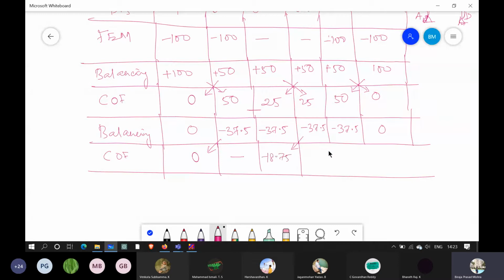This will be minus 18.75. Again, this one will be 0. And what about this one? This one is 0. Next, again the balancing moment.